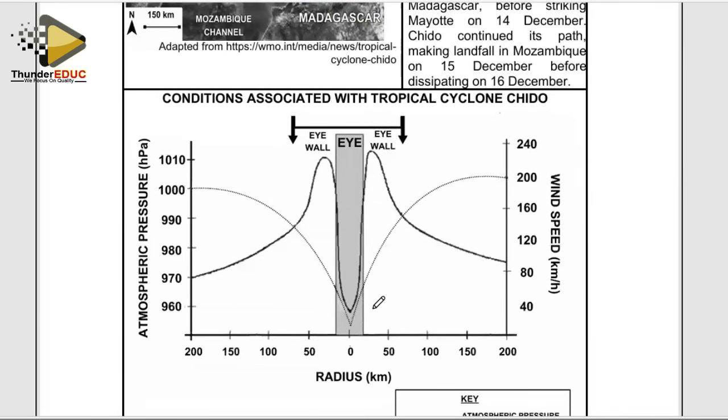Then this one also shows us the cross-section of the tropical cyclone, where we are seeing that there's an eye at the middle of the system here. And as we move away from the eye, we tend to find that there is a disparity in wind speed.